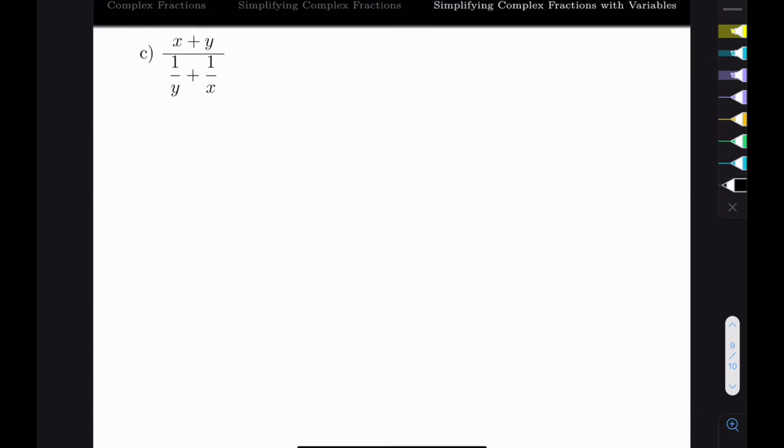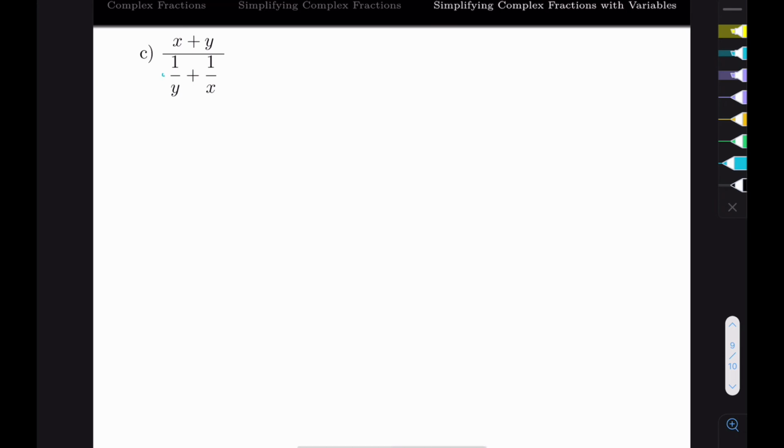Let's try an even more complicated one where we run into an issue where I have really not a fraction in the numerator. That's okay. But I don't have a single fraction in the denominator. So I can't turn this into multiplication yet because I can't take a reciprocal of this expression. So what we need to do is we need to actually condense what's happening down here.